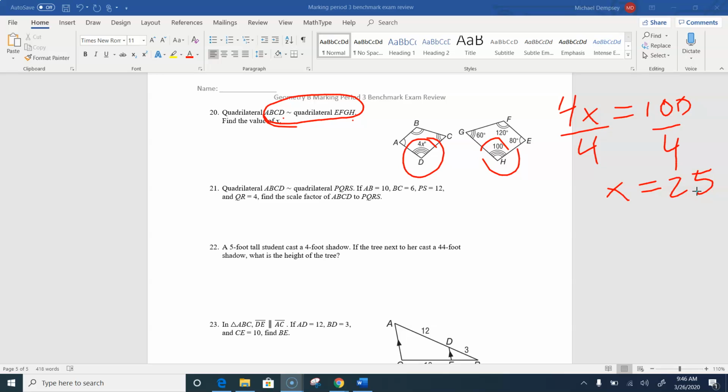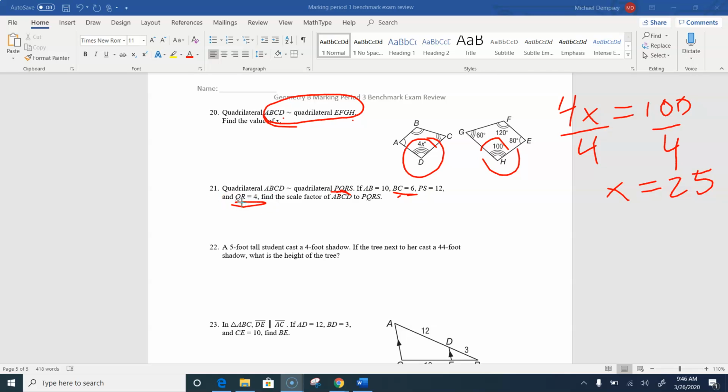Now I have a similar setup, ABCD similar to PQRS. They give me AB, but if I want to use AB, I also would need PQ, and I do not have PQ anywhere. So I'm going to move on and look at BC. I have BC, the two middle letters here, so then I need QR, and I do have QR.